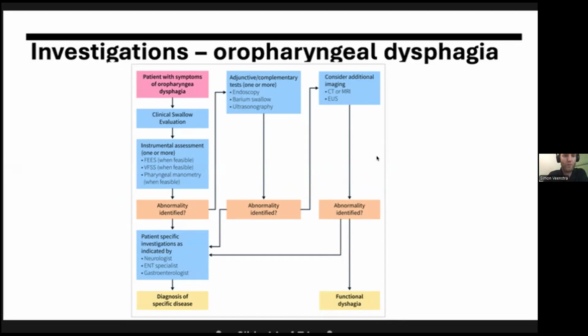One would then also potentially go on to endoscopy if necessary, particularly if there are structural causes that you are concerned about in the upper esophagus or oropharynx. Cross-sectional imaging may also be useful. And again, if all of this is normal, one would then consider functional dysphagia.